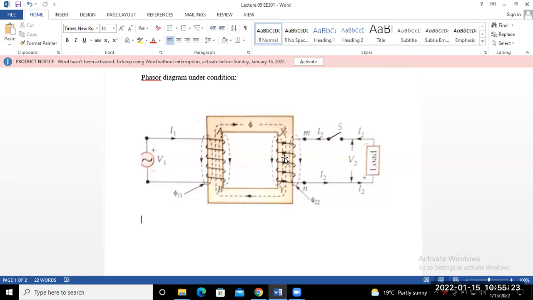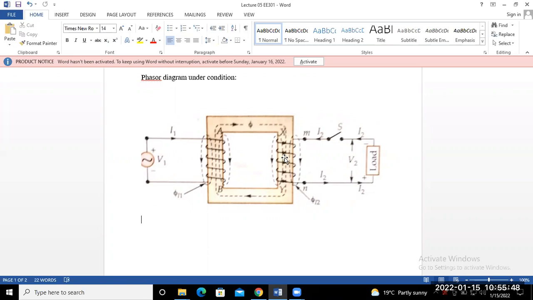यदि लोड प्योर इंडक्टिव हो, इज नॉट, when the load is pure inductive, in that case current lags voltage by 90 degrees. When the load is pure capacitive, then current leads voltage by 90 degrees.